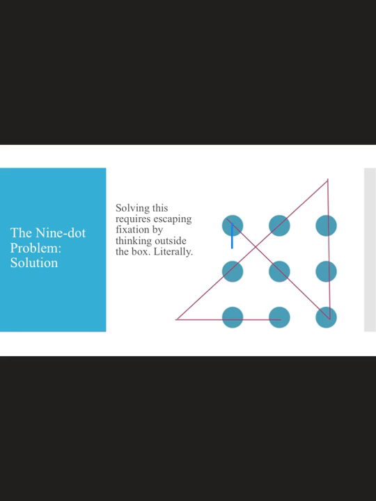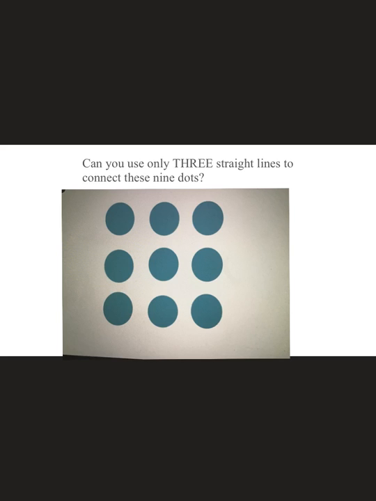How many of you were trying to keep everything within those dots? This is an example of fixedness because we can't think outside the box. Another example here: can you use only 3 straight lines to connect these 9 dots?